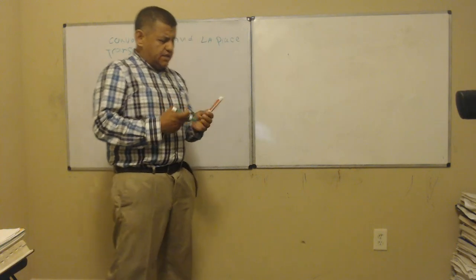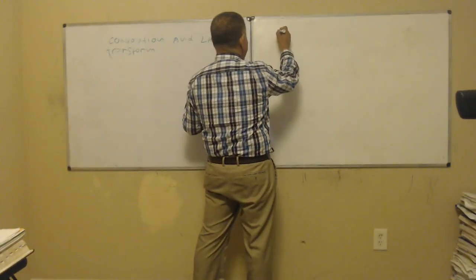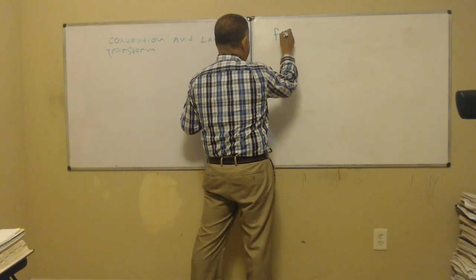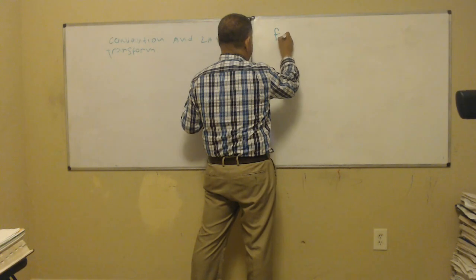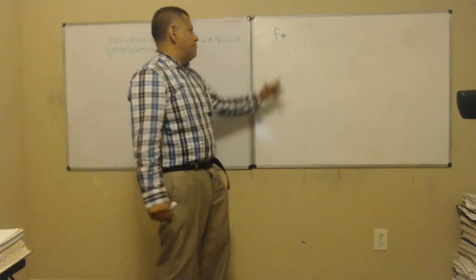So what the convolution says is that a function f, right? Notice that this is not multiplication.